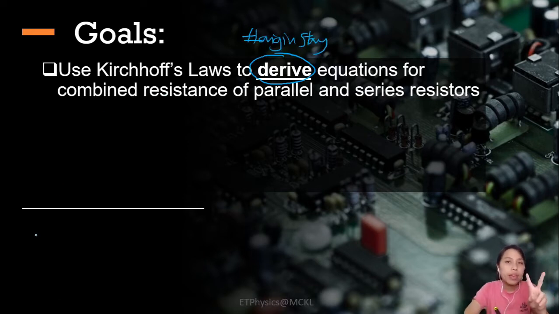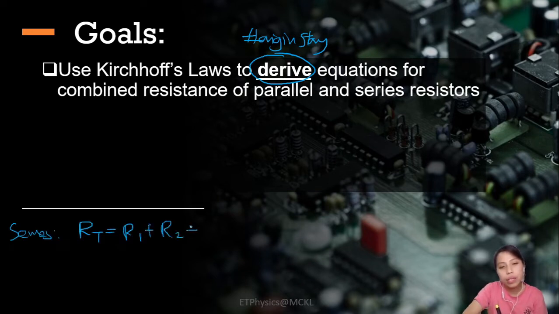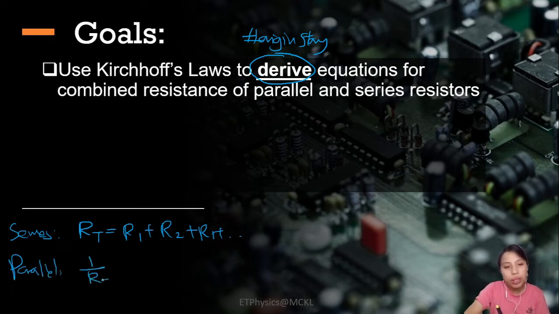There's two of them. If your circuit is in series, a refresher of chapter 19, then your total resistance will be all the resistors in series: R1 plus R2 plus R3, plus however many you want. If you have resistors in parallel with your battery, then you have to do this funny thing called 1 over R total equals 1 over R1 plus 1 over R2 plus 1 over R3 and so on and so forth.